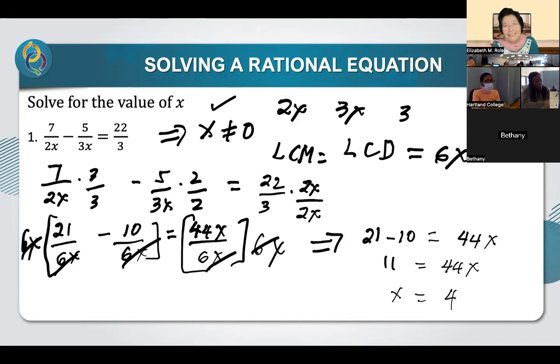So go through it and then please just ask questions. Yes. So x is equal to 4.